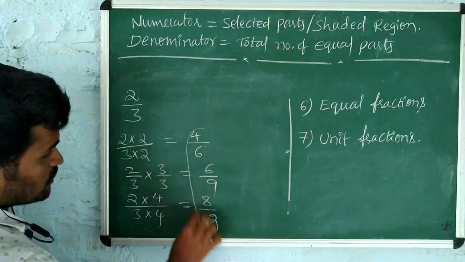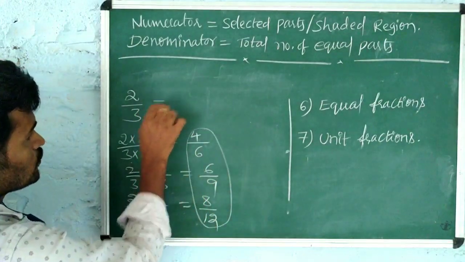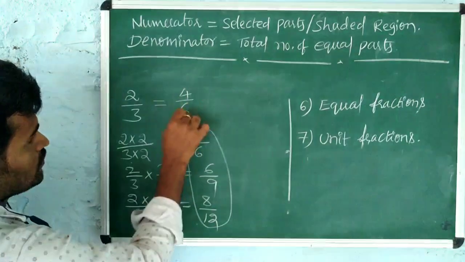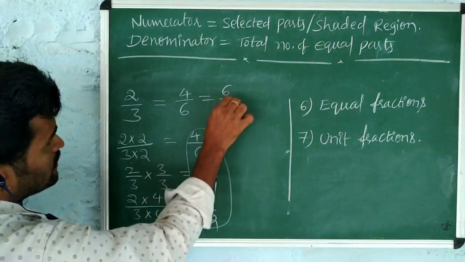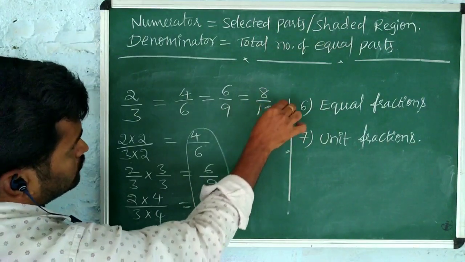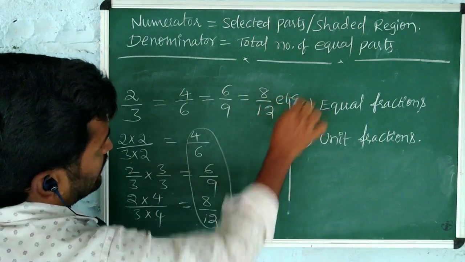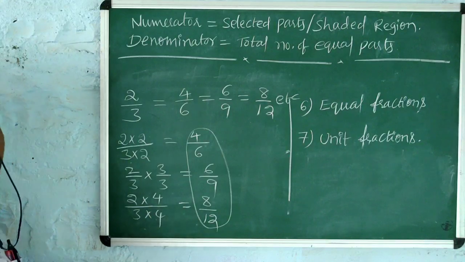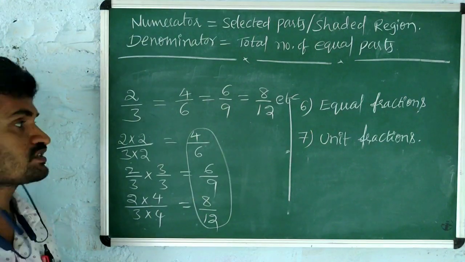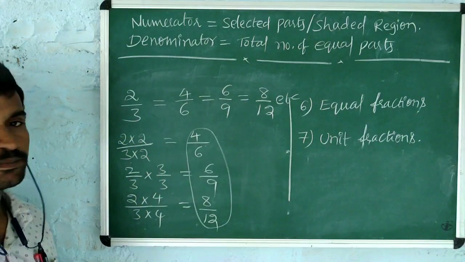So all these fractions are equal fractions to 2 by 3. So 2 by 3 is equal to 4 by 6 is equal to 6 by 9 is equal to 8 by 12, and so on. By multiplying with different numbers, we can get a number of equal fractions for 2 by 3.